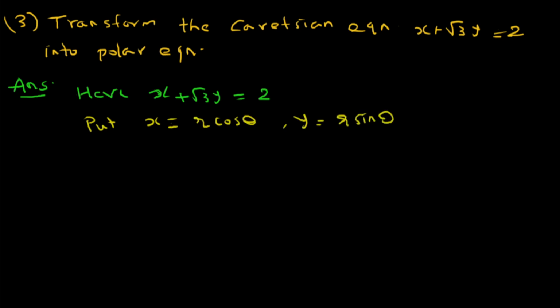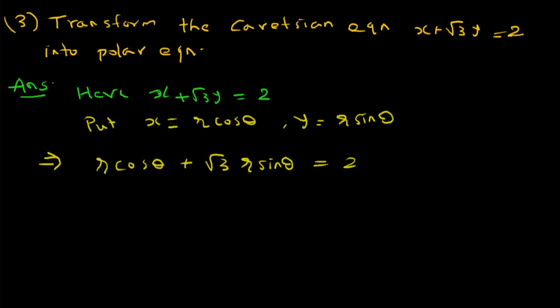So we get r cos theta plus root 3 into y, that is r sin theta, is equal to 2. That's all. This is the polar equation from the Cartesian form. From the Cartesian we have transformed into polar.